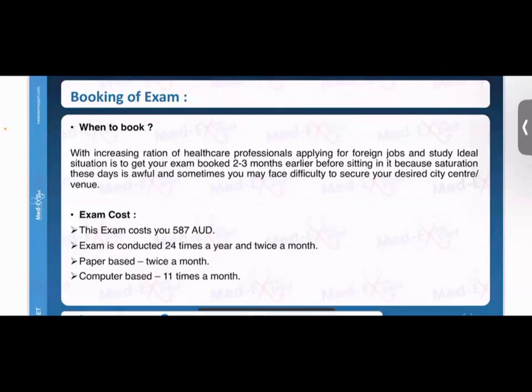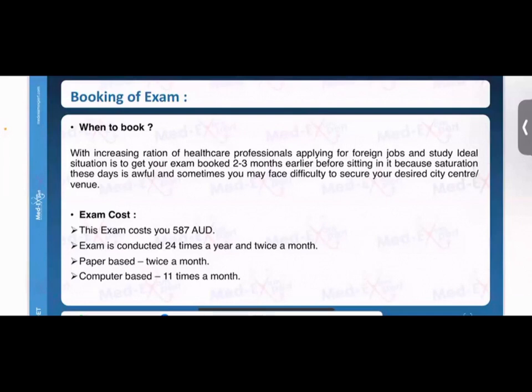Please keep in mind, whatever ID document you mention on the website, make sure that you bring that ID document on the exam day. If it is an ID card, you have to take the ID card. If it is a passport, then definitely you have to bring your passport with you. In that way, if you apply for a test on the website, you would be able to see the dates by entering your profession and which dates you are searching for.